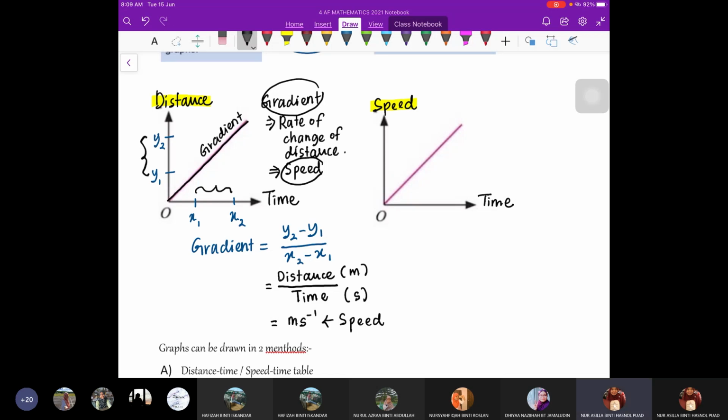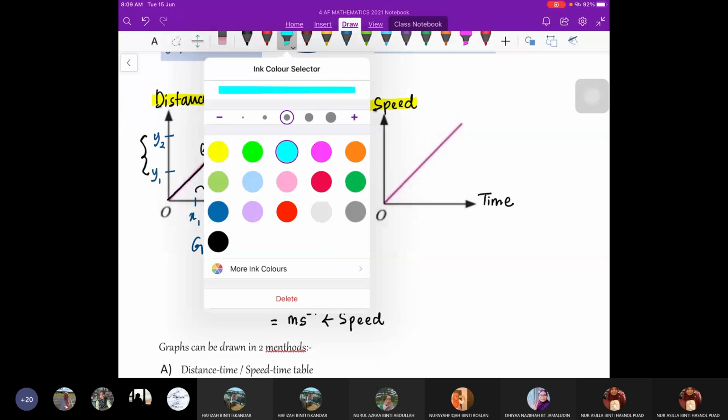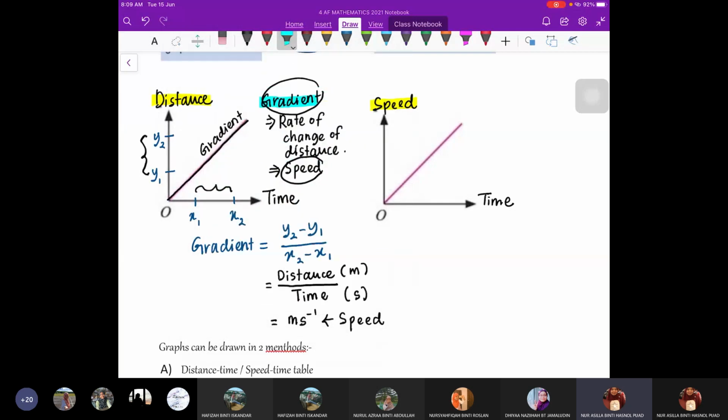Okay, so ada 3 kata sinonim dalam distance time graph, which will be gradient. Okay, gradient is equal to, kata nama lain dia speed, which can also be said to be the rate of change of distance. Okay, hopefully semua faham 1, 2 dan 3 ni semua memberi maksud yang sama.